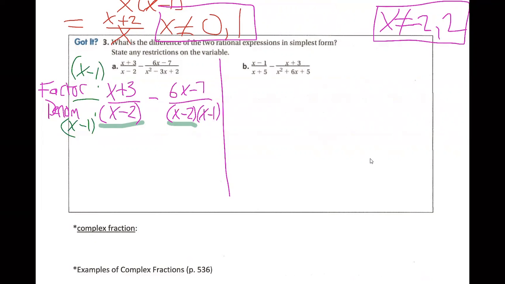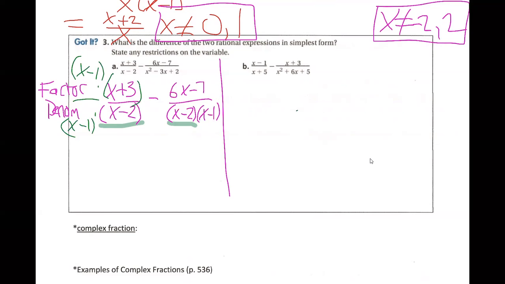And when you do this, it's up to you whether you want to keep it in factored form or FOIL, but you really do want to FOIL because we're going to be combining like terms. So x minus 1 times x plus 3. If you FOIL that, you'd get x squared plus 3x.